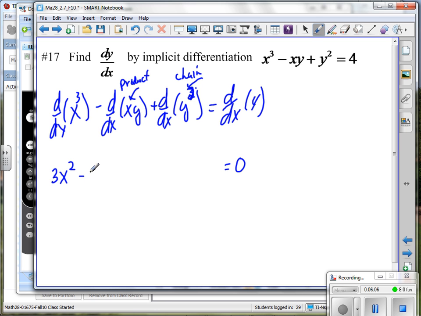The product rule: first factor times the derivative of the second factor, so the derivative with respect to x of the second factor, plus the second factor, which is y, times the derivative with respect to x of itself.